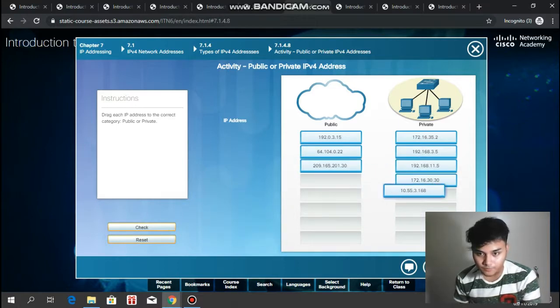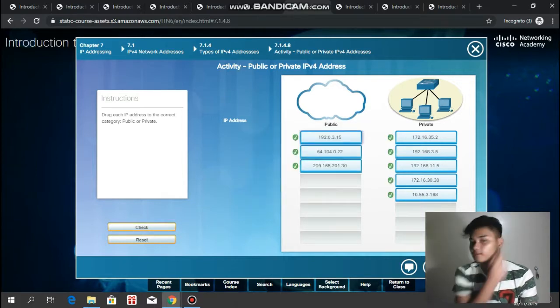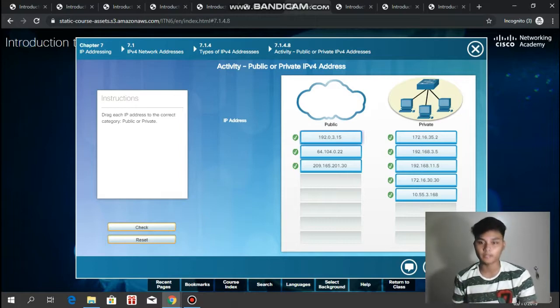So let's check. It is easy to identify if it is an IP address for public and for private. You have to see the difference of public and private.